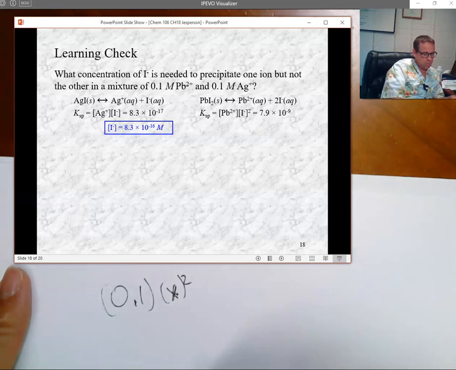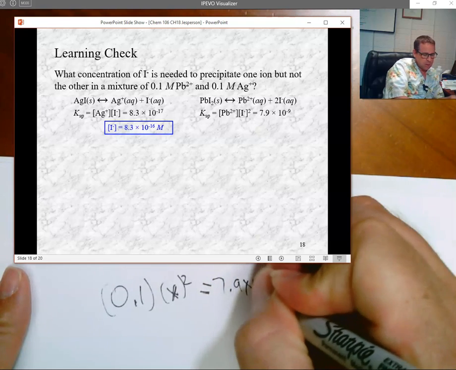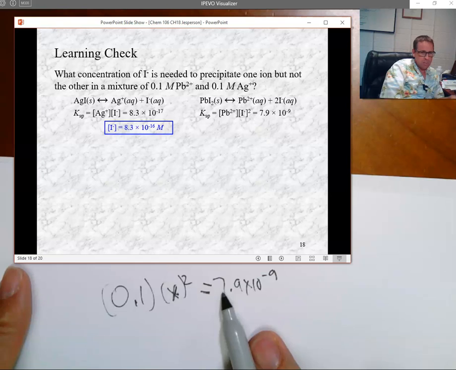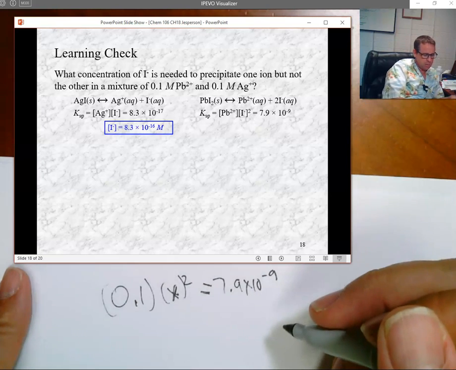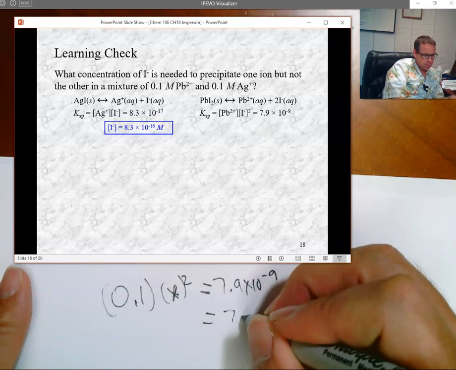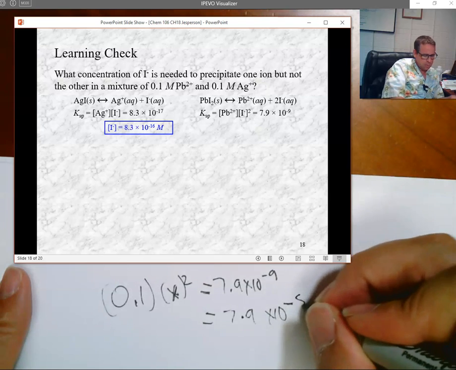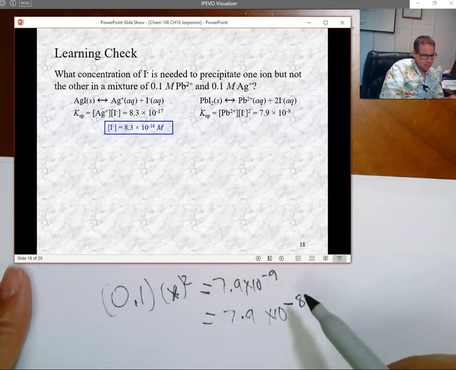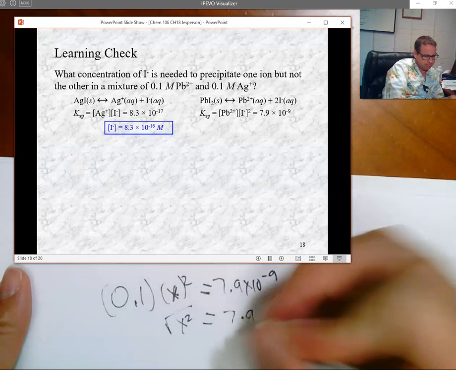So whatever the final iodide concentration is, squared, equals 7.9 times 10 to the minus 9. So you took 7.9 times 10 to the minus 9 divided by 0.1. That is 7.9 times 10 to the negative 8. And then we have to take the square root of that, right?